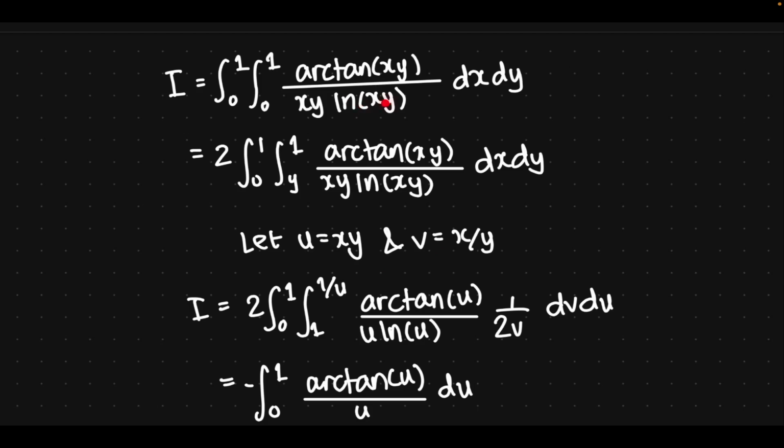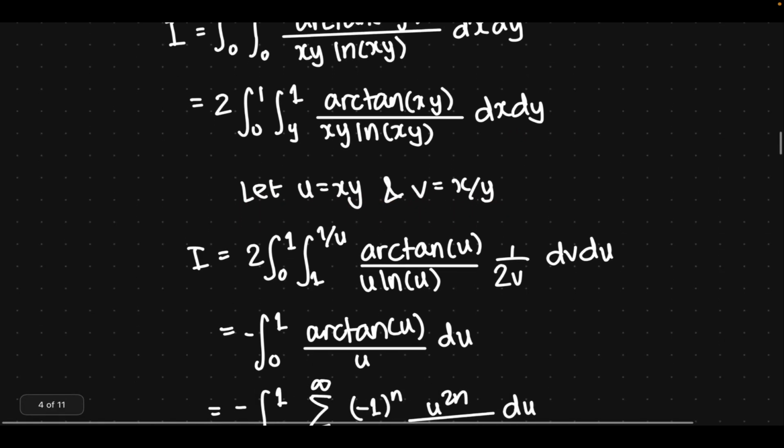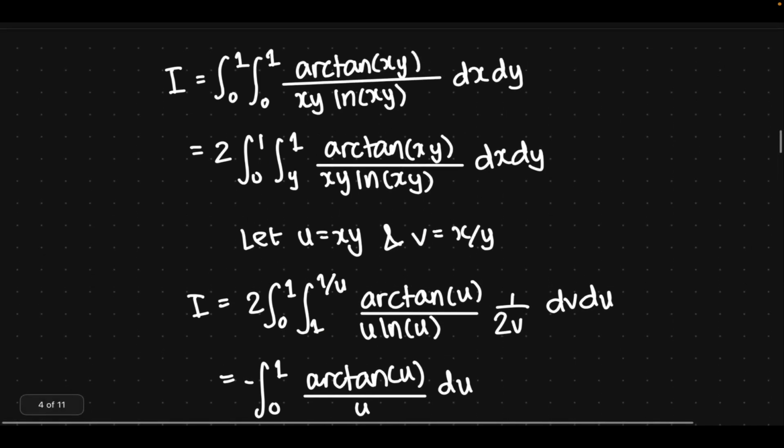Well, I'm not going to repeat too many of the things, but in the end, using the same x and y symmetry arguments, we get 2 times the integral 0 to 1 in the y and the integral from y to 1 in the x. Then we introduce this same coordinate change. We get the same Jacobian factor because it's the same coordinates. We get the same region because we had the same 1 by 1 square region to begin with.